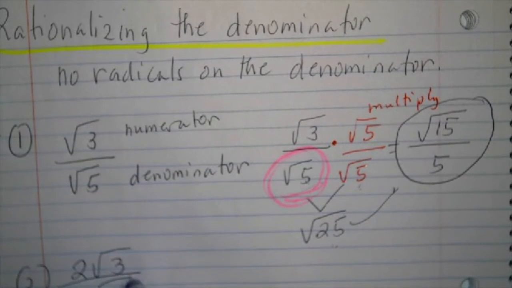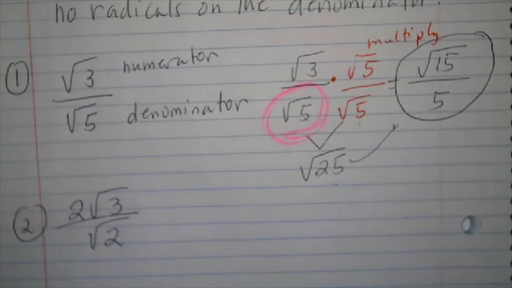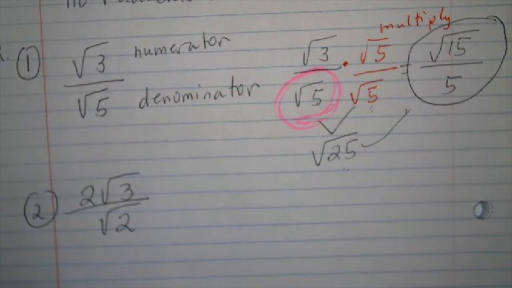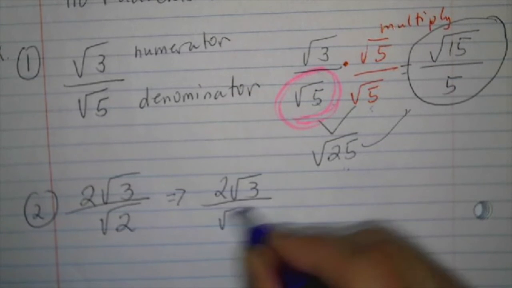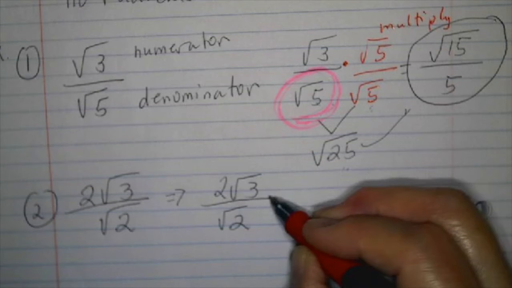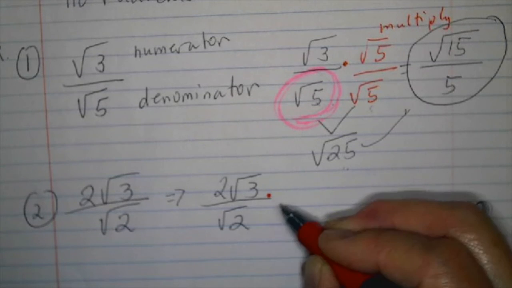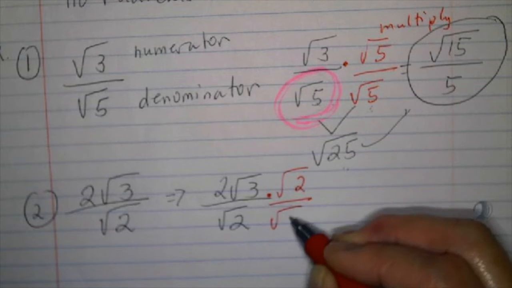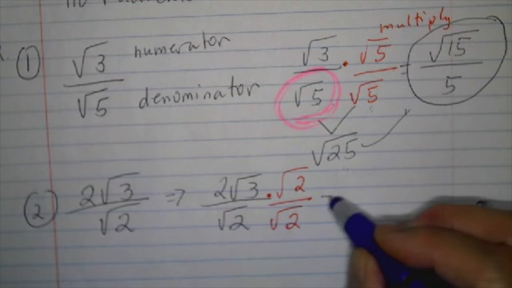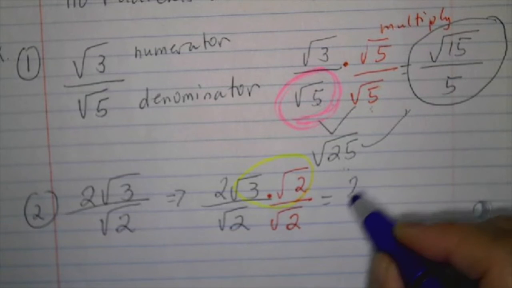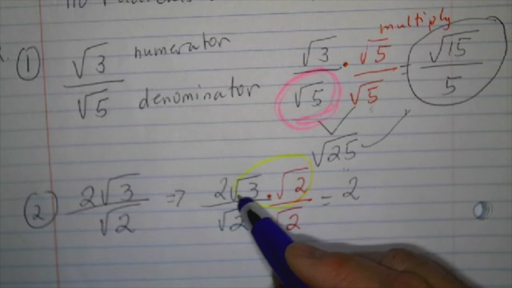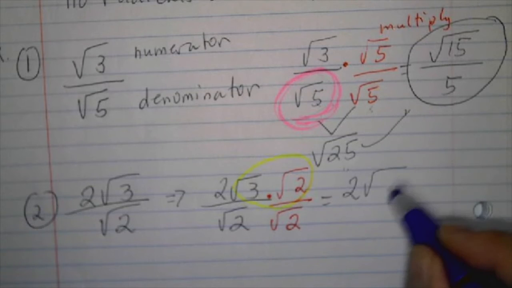All right, example 2. 2 square root of 3 over square root of 2. Let me rewrite that so you can follow. 2 square root of 3 over square root of 2. I rationalize. Multiply by whatever is on the denominator, square root of 2 over square root of 2. I only multiply the ones that have the same radicals.